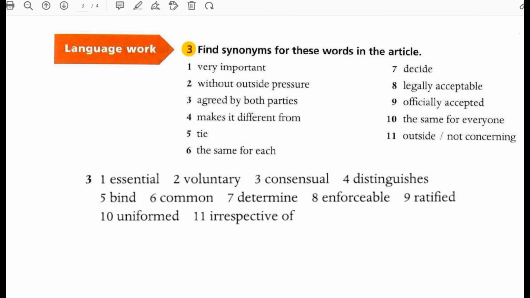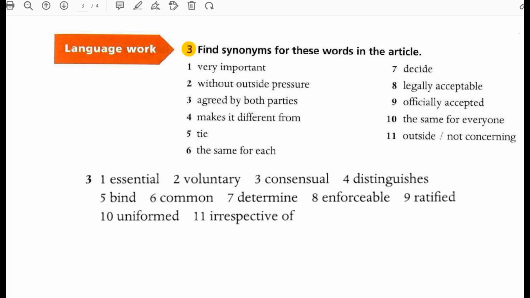So let's go to the vocabulary of contract law and legal English. Here we need to find synonyms with the appropriate words from the article and passage. First, very important: essential. Second, without outside pressure: voluntary.